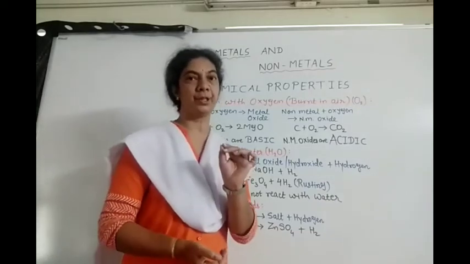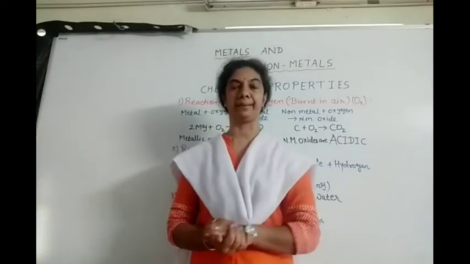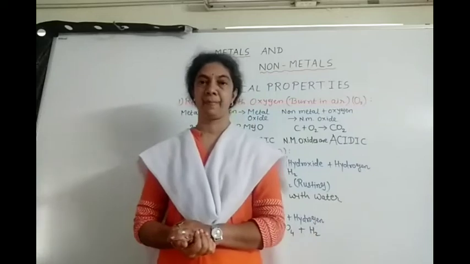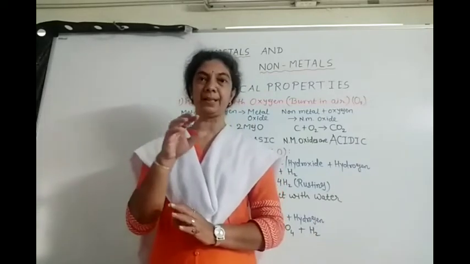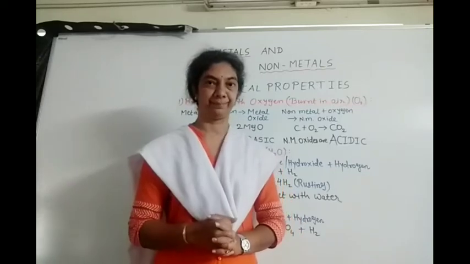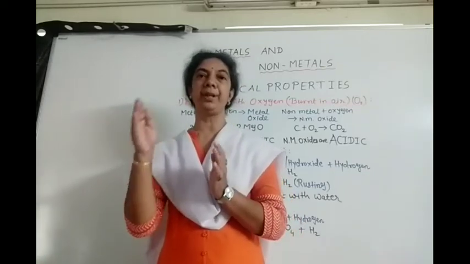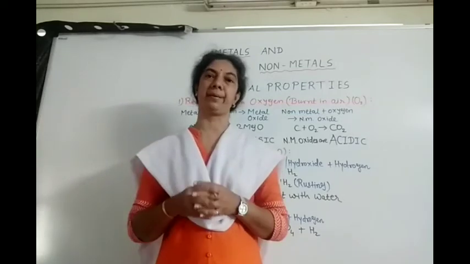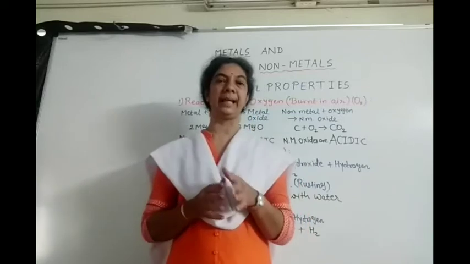Add few pieces or granules of zinc metal in that. After some time we can see the bubbles in this solution. Collect that with a delivery tube in another beaker. That gas will be hydrogen gas.